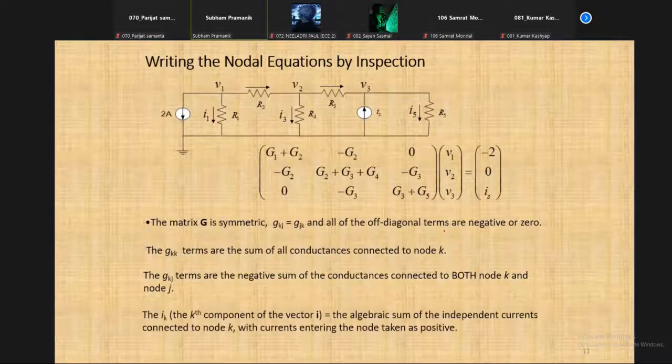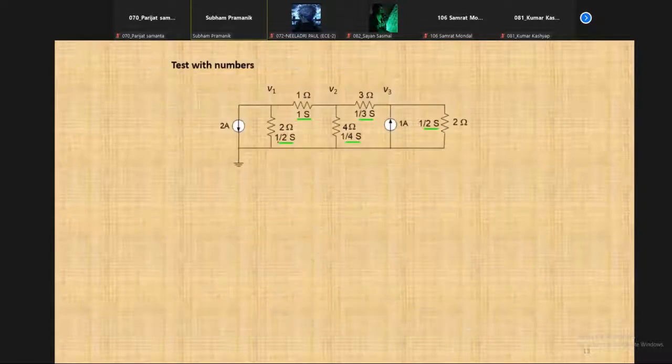Now see, for your convenience, the corresponding admittance, or in this case the conductance, because this circuit is a purely resistive circuit, is given.